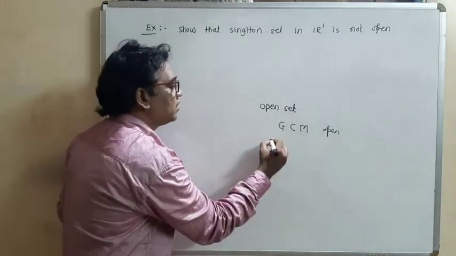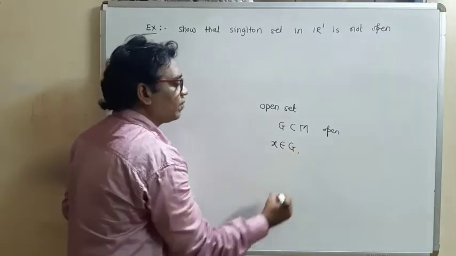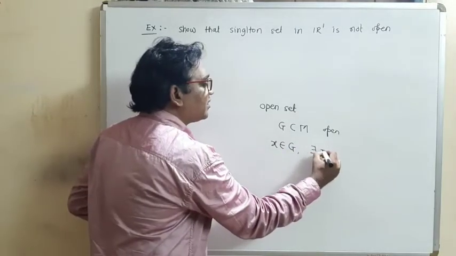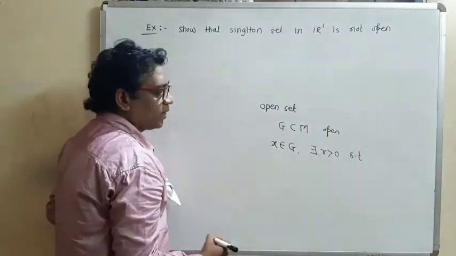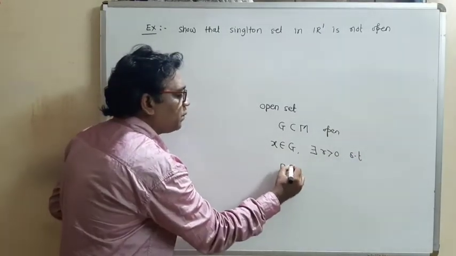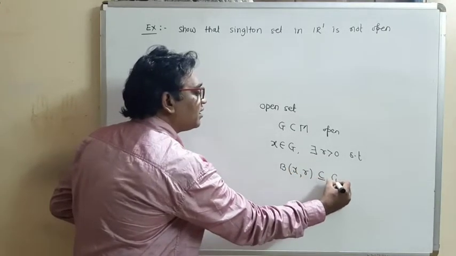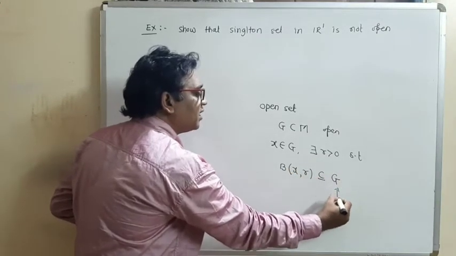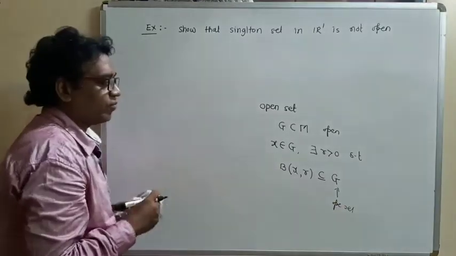Open means for each x belongs to G, there exists a radius r greater than 0 such that the open sphere B with center at x and radius r is contained in G. Then this G is called the open set.